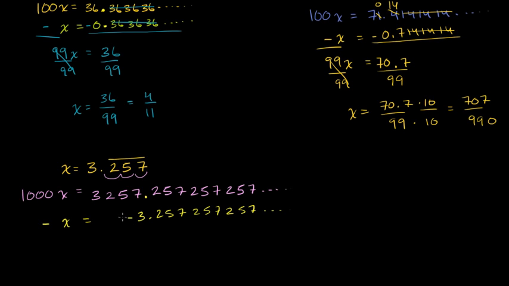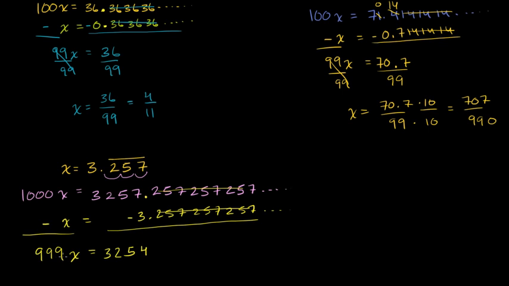So let's do that subtraction. On the left-hand side, 1,000 of something minus 1 of that something, you're left with 999 of that something, is equal to, this part is going to cancel out with that part. It's going to be equal to, let's see, 7 minus 3 is 4. And then you have the 5, the 2, and the 3.